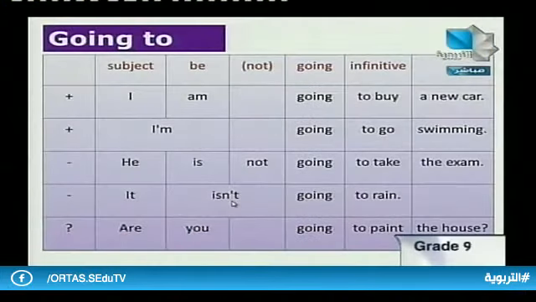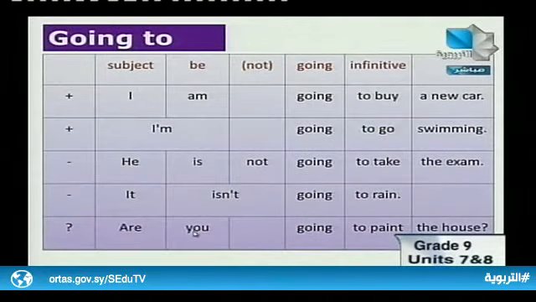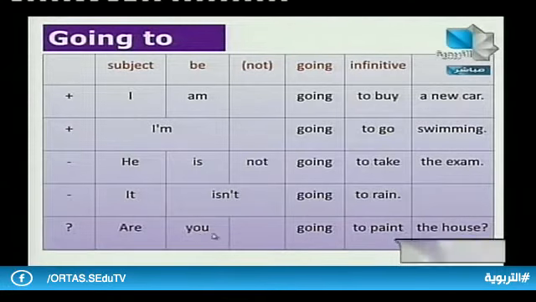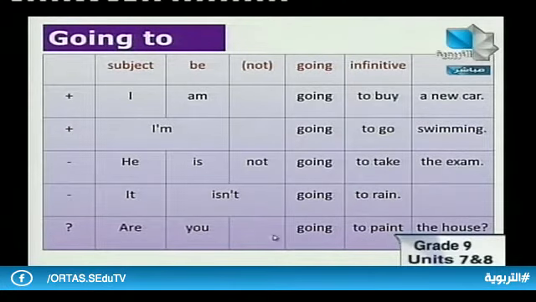We can talk about the question form. Are you going to paint the house? So we have the auxiliary verb are, then the personal pronoun you, then going to paint the house. First of all, we start with the personal pronouns I, he, she, it, we, you, they. Then we have be plus going to.